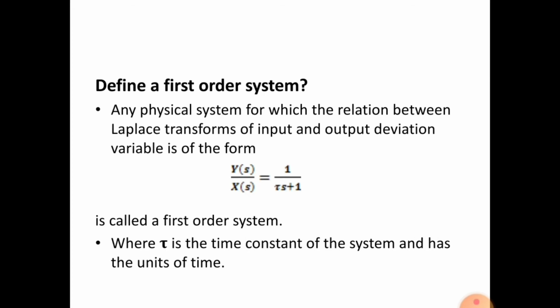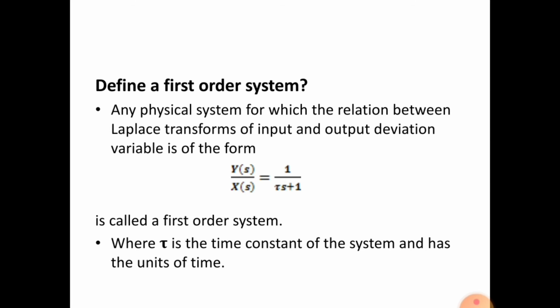Next, define a first order system. So we know what a transfer function is. The transfer function is the ratio of the Laplace transform of output to input. Here we know what the time constant is. Time constant is the product of resistance and capacitance.